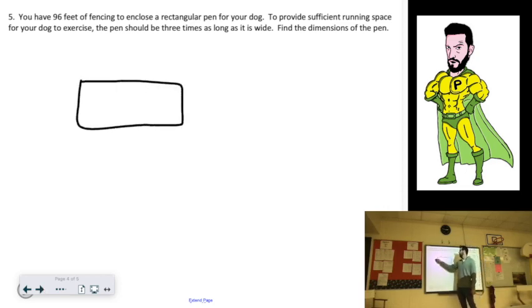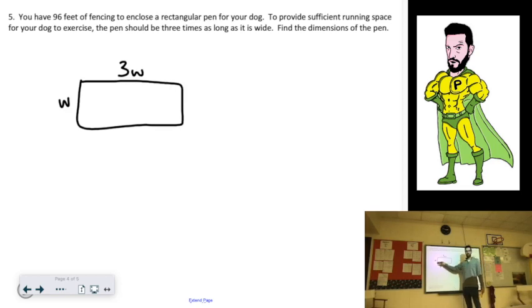Now, here's our width, right? It says it's 3 times as long as it is wide. So if it's W wide, and this is 3 times as long as that, we could say this side is 3W. It's 3 times the width. Now we have 96 feet to line this perimeter with. Remember with perimeter, you add up all the sides.